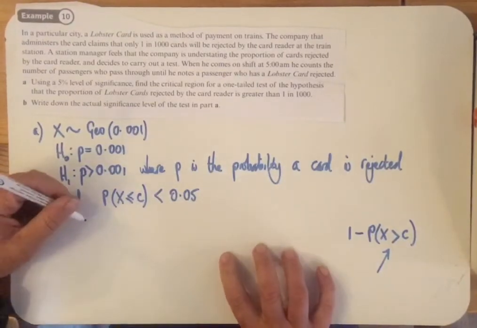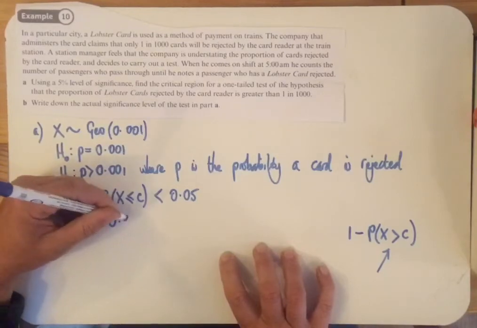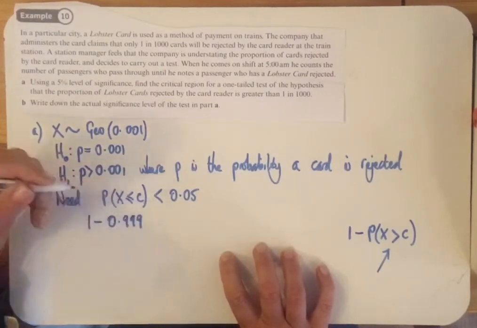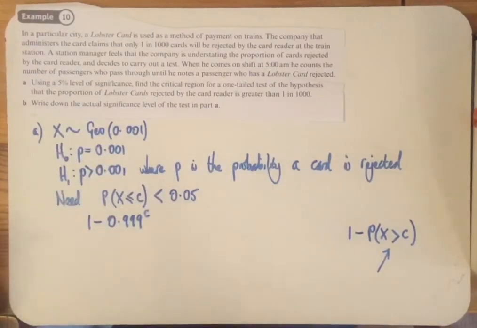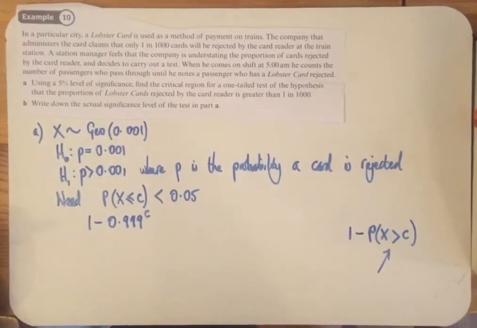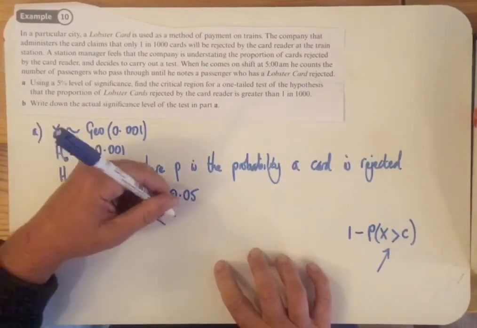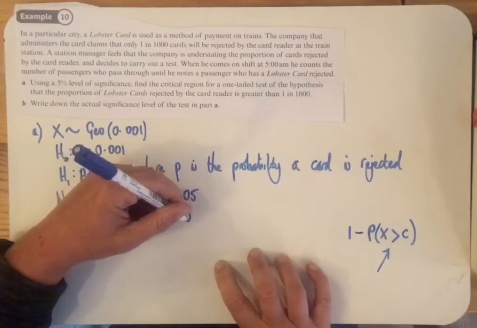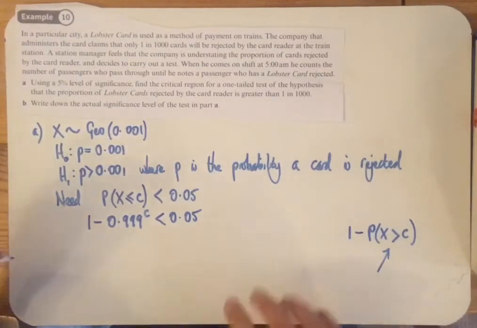So this is 1 minus the probability of it being accepted to the power of C. And then we need that to be less than 0.05. And then similarly to last time, we're going to be using logarithms.